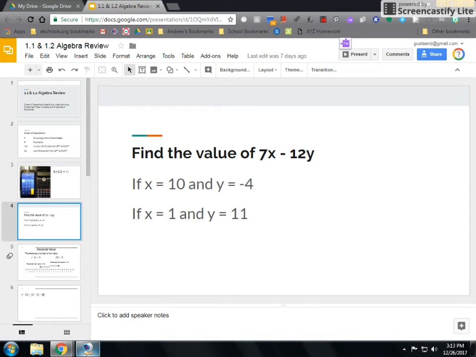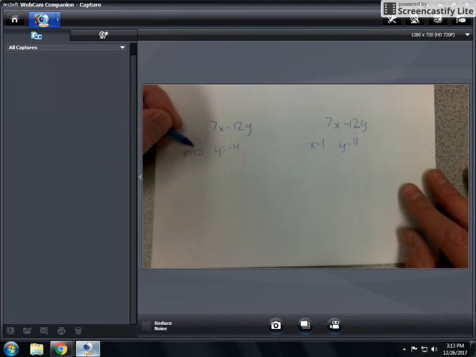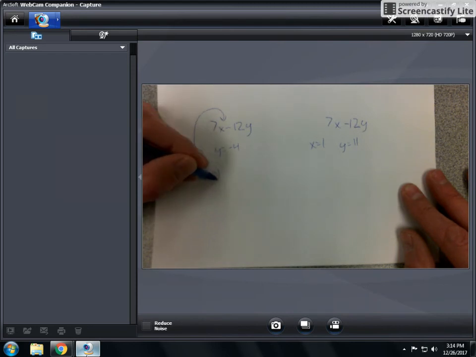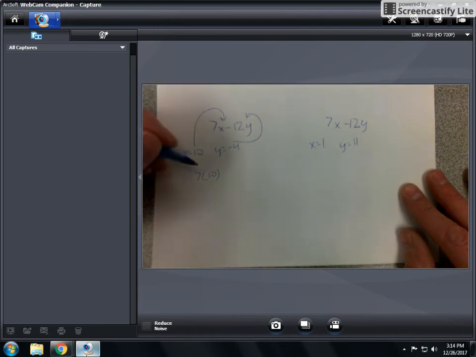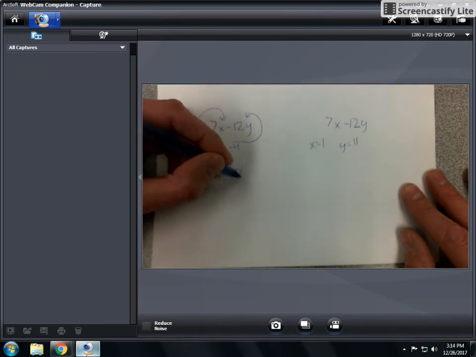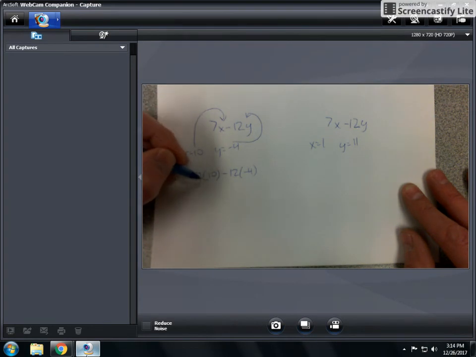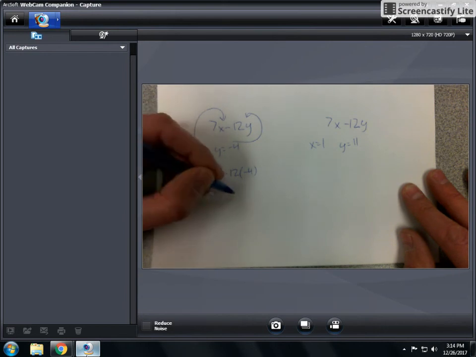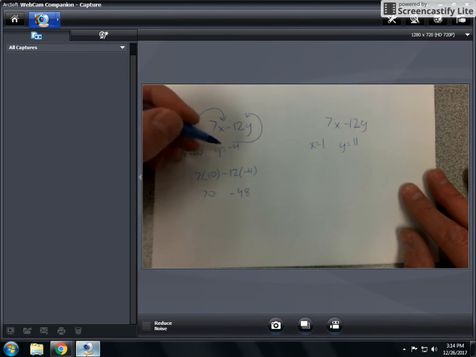So going back to that document camera, if we substitute, we know that x is 10, so we're going to replace x with 10, 7 times 10. And we know y is negative 4, so I'm going to replace y with negative 4, minus 12 times negative 4. I'm going to follow my order of operations. I'm going to do multiplication first, 70, and I'm going to get negative 48 there, 12 times negative 4. And this is where you have to be careful.